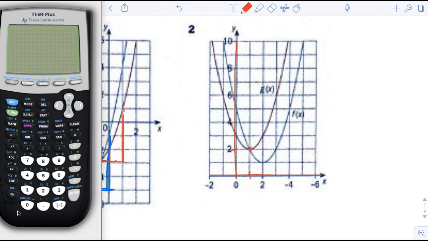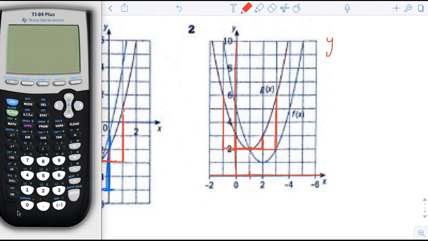Okay, and let's check out the size of this parabola. If we go 1 to the left, it is 1 high. If we go 2 to the left, it is 4 high. If we go 1 to the right, it's 1 high. If we go 2 to the right, it is 4 high. So it is a standard size parabola with an a value of 1.